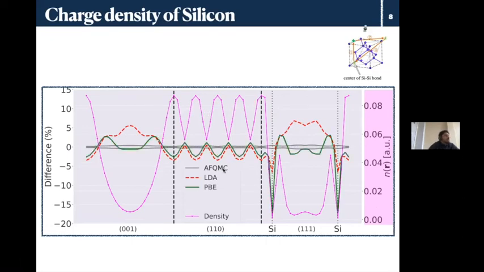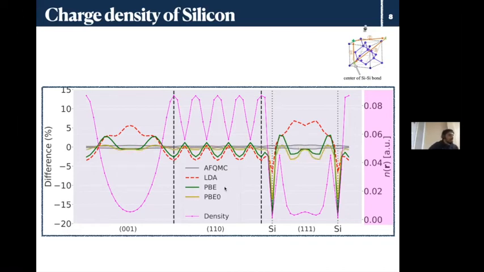The PBE makes an improvement, especially in this region, and it gets worse on the atoms. And I think this improvement is thanks to the use of the gradient of the density.